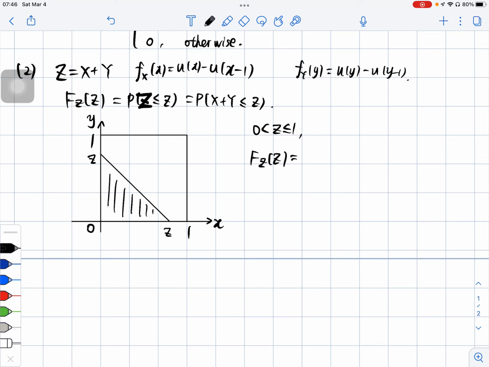Fz is z squared over 2. This is the derivative of that function. It is z.